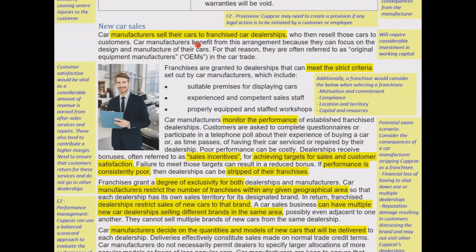We've already said that new cars are sold by the car manufacturers to the car dealer. So Cuppcar buys those new cars from the manufacturer, and then they resell them to the customer. Now, that's very important to understand, that it is actually a sale of the cars to the dealer.